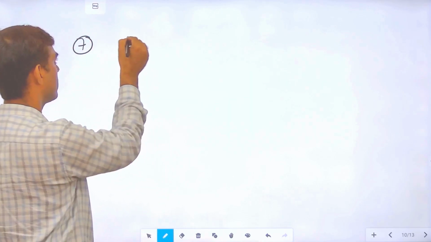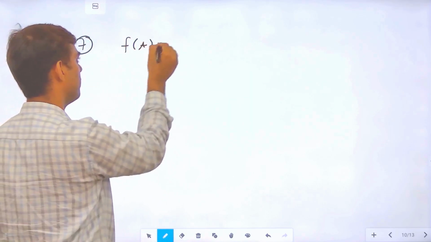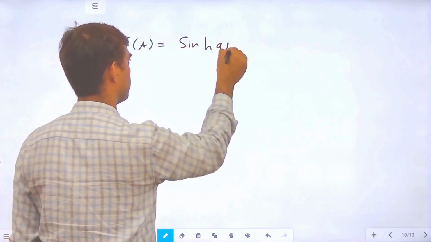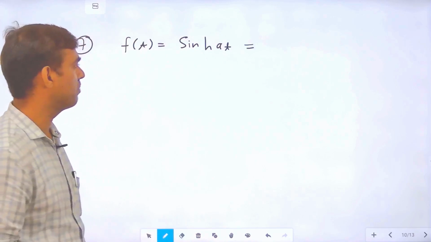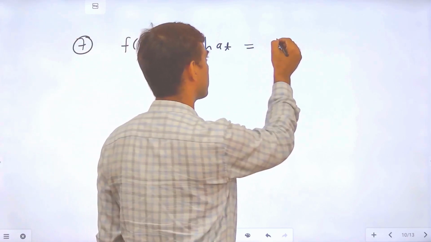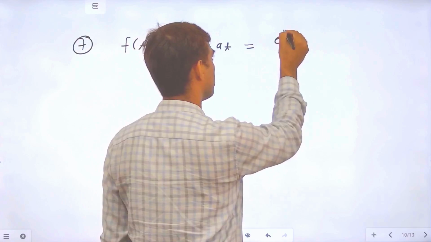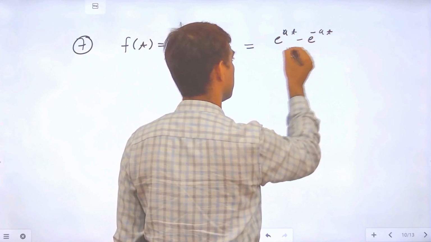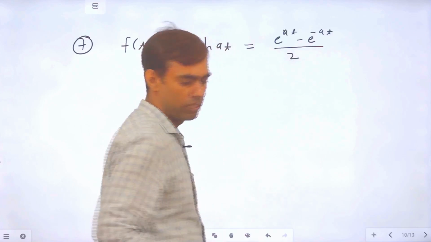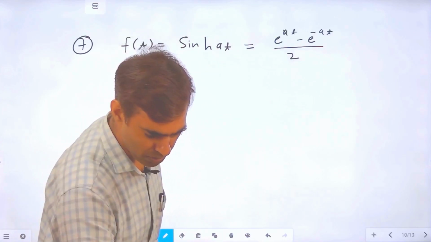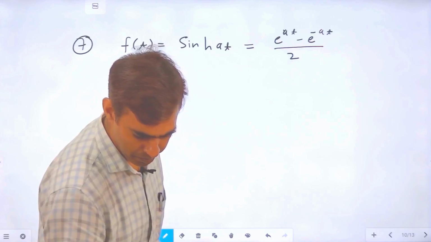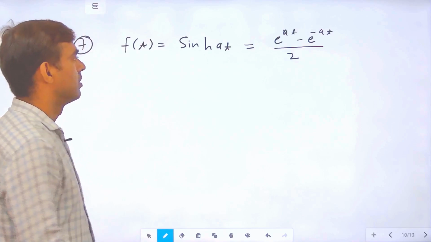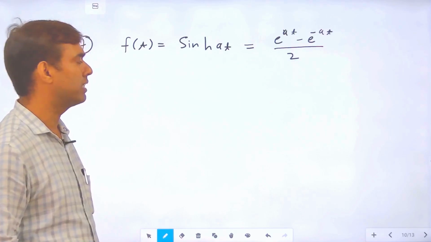The seventh elementary function is f(t) equals sine hyperbolic at, and sine hyperbolic at can be written in exponential form as (e to the power at minus e to the power minus at) upon 2. Let us verify: e to the power at minus e to the power minus at upon 2.